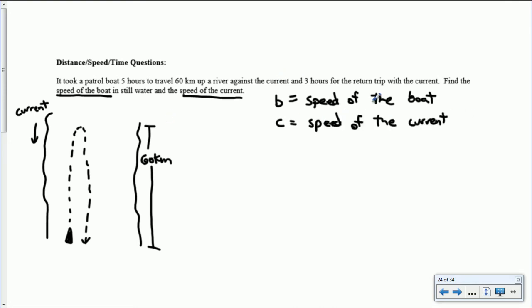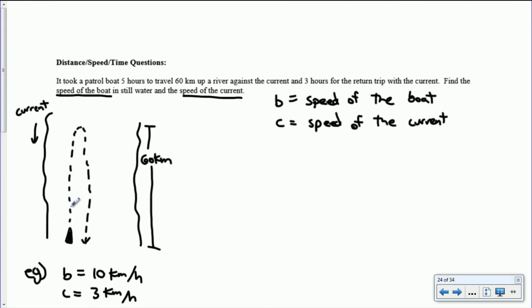So for example, if the speed of the current was 3 kilometers per hour downstream, and the boat was able to go, say b equals 10 kilometers per hour, this means that the boat is able to do 7 kilometers per hour upstream, right?